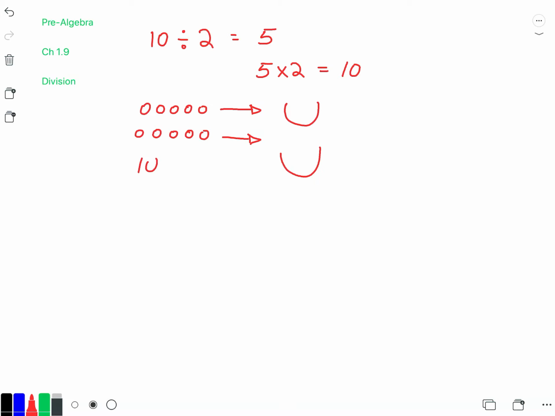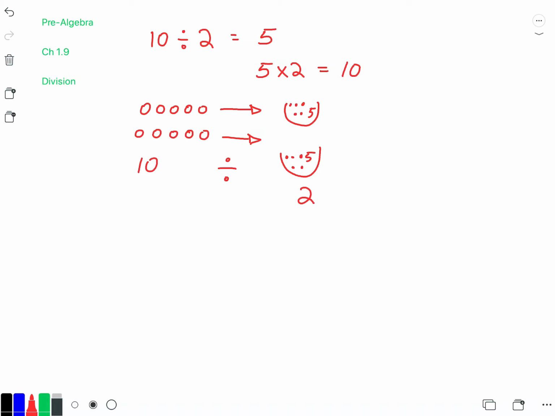This is literally 10 split into 2 bags, which would give you 5 Skittles in each bag, right? 10 divided by 2 is 5. 5 times 2 is 10. All right, so we're clear on that.